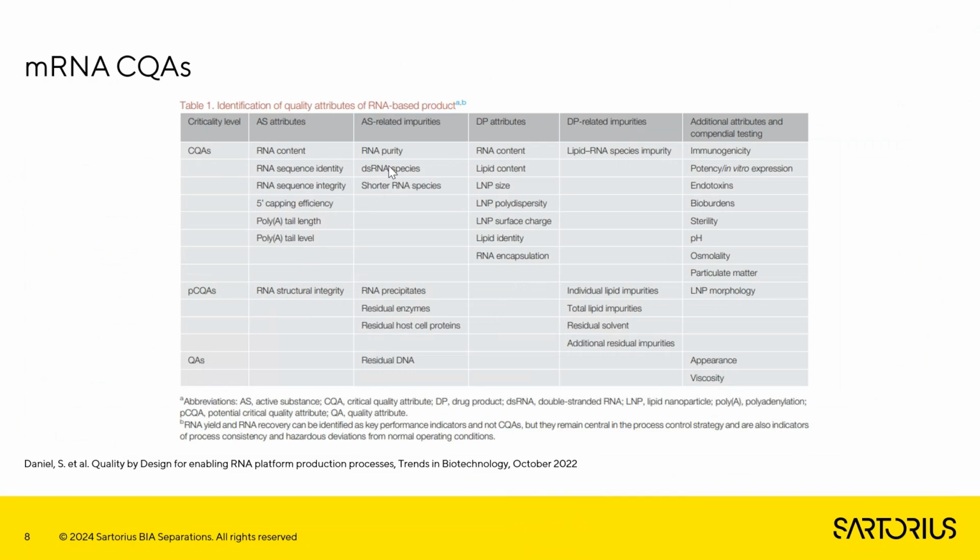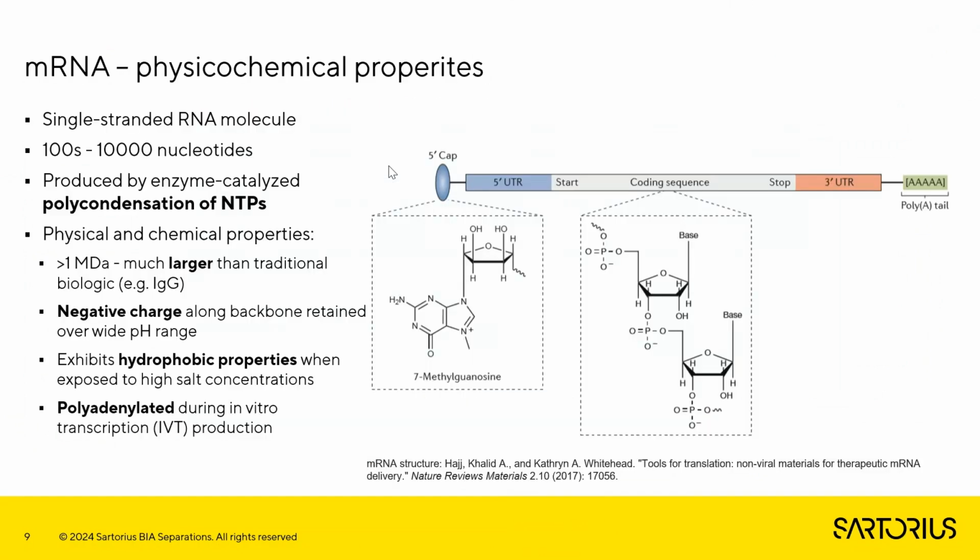And later on, we will show that in case we do still have some residual double-stranded RNA in our product, how do we remove it to a level that is completely safe for application into an animal model or in the clinic.